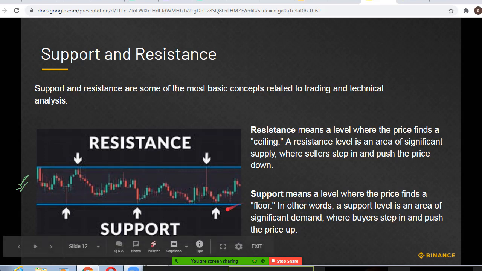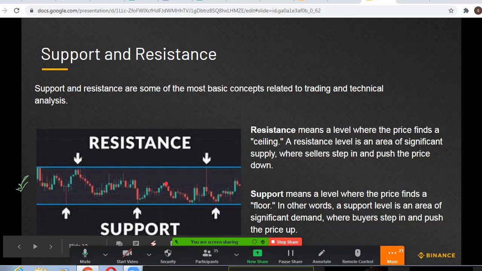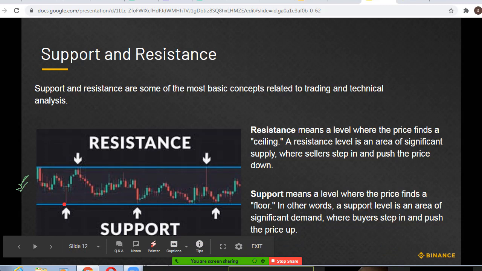So the support area can also be called the buyer's area, because we see buyers here buying the asset, it moves up. A buyer as well, it moves up. Okay, so this is the buyer's zone. Support zone is the buyer's zone. Resistance zone or level or area is the seller's area. Take note of that. Very, very important.